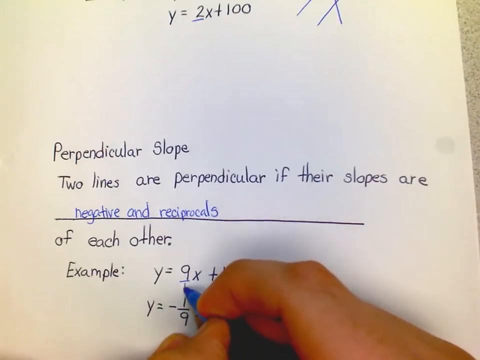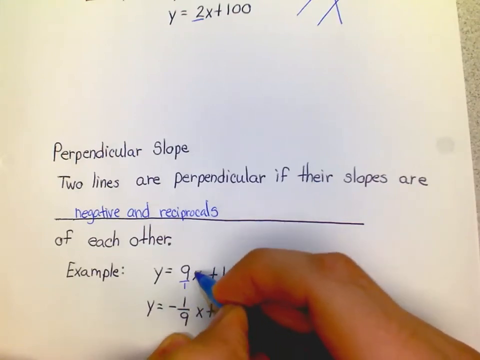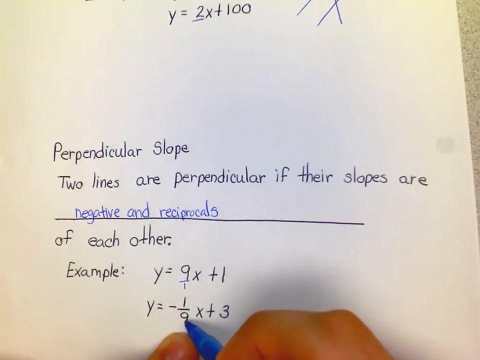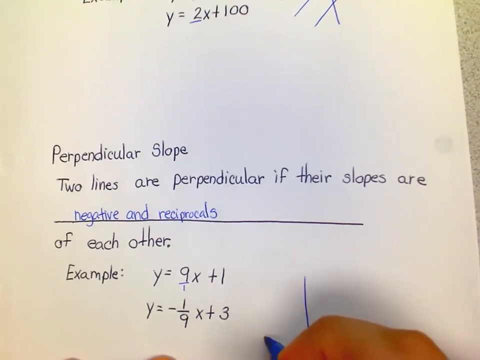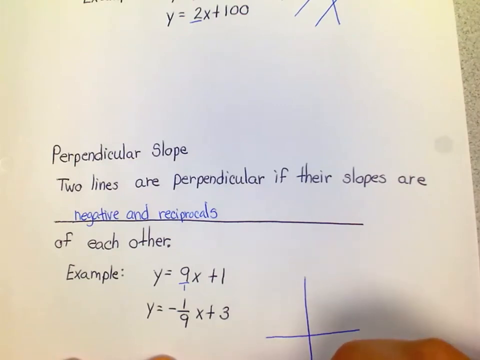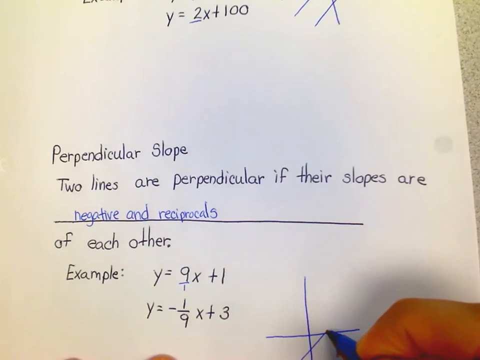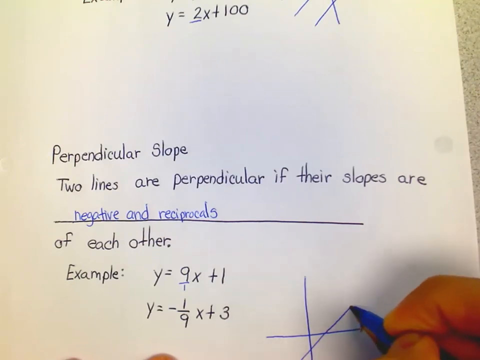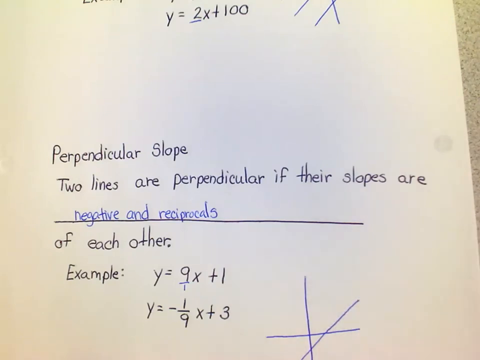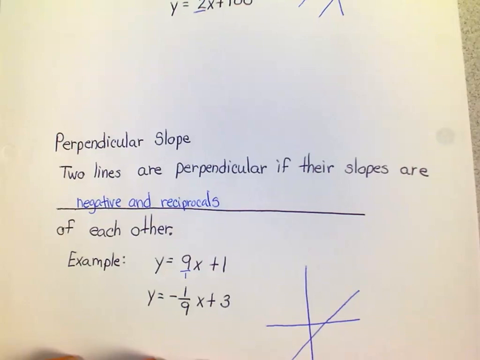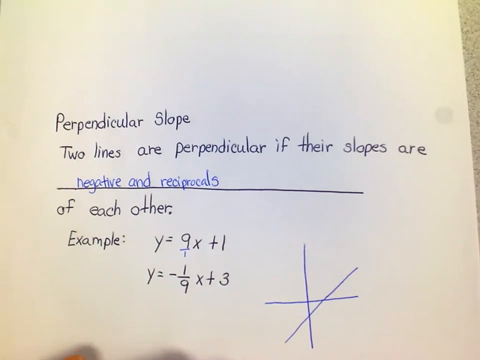Notice that this is already over 1, so all we did was take that fraction and flip it, making it 1 over 9, and adding the negative. So this means that when you graph it on the four-quadrant plane, the lines will intersect.